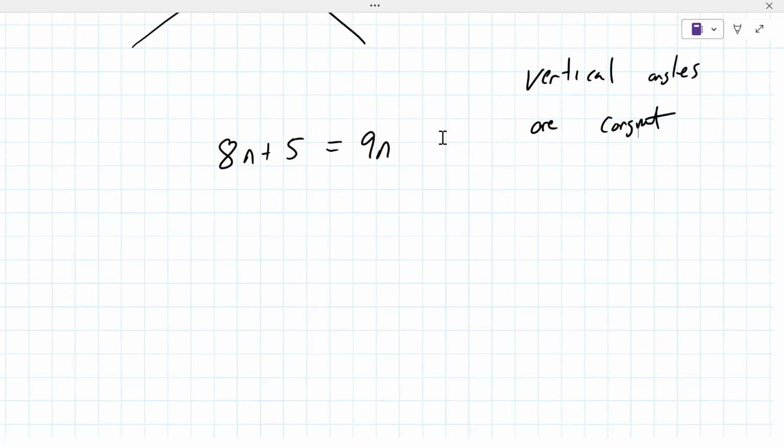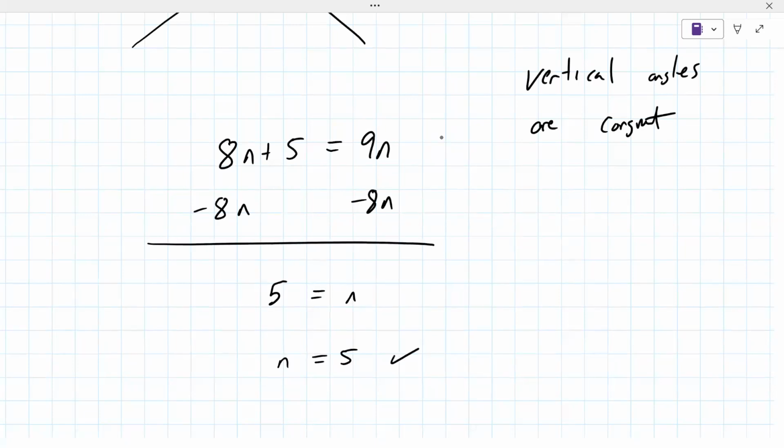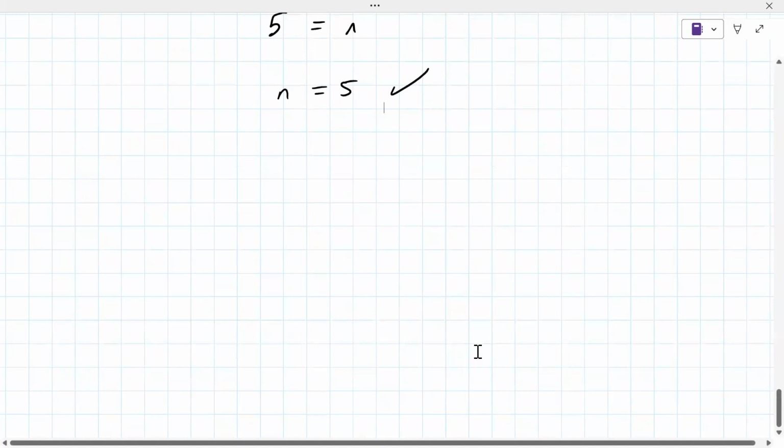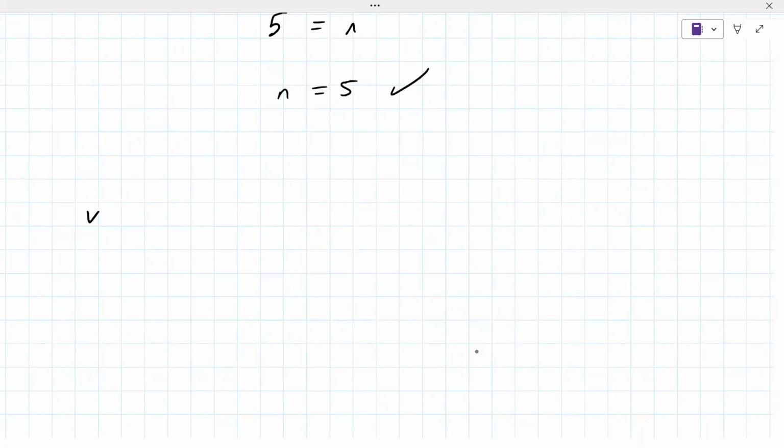Yeah. All right, so you subtract 8n from both sides. 5 equals n, or n equals 5. All right, good.